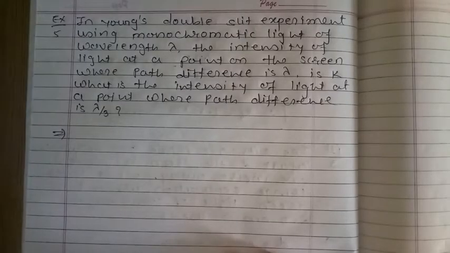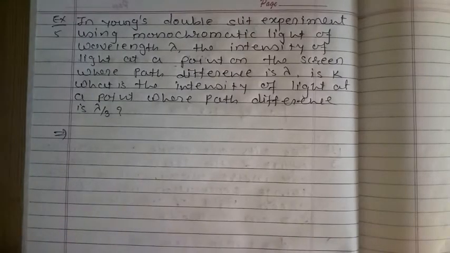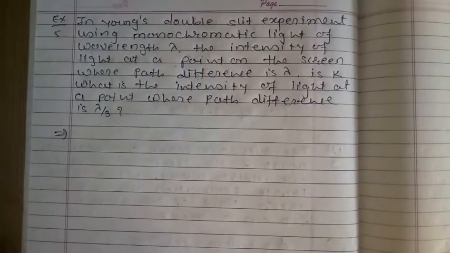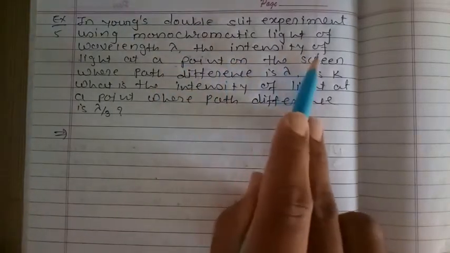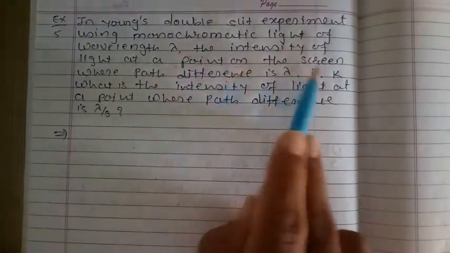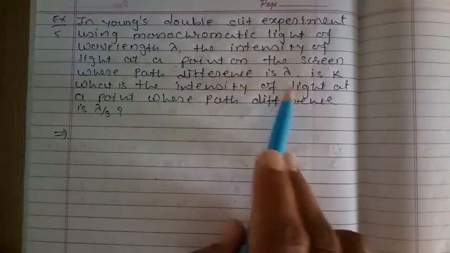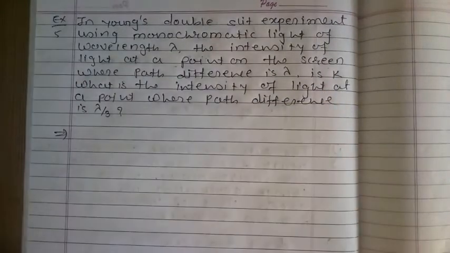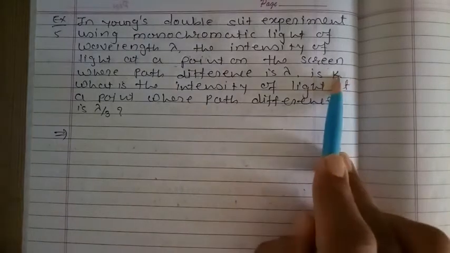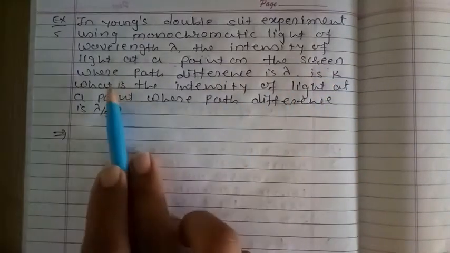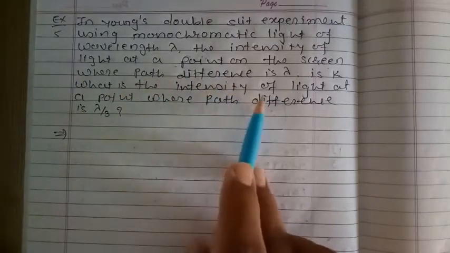Now example number 5. In Young's double slit experiment using monochromatic light of wavelength lambda, the intensity of light at a point on the screen where path difference is lambda is K. So here the intensity is given as capital K where the path difference is lambda.